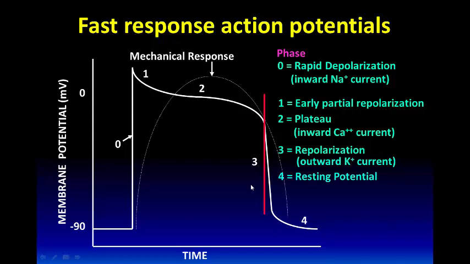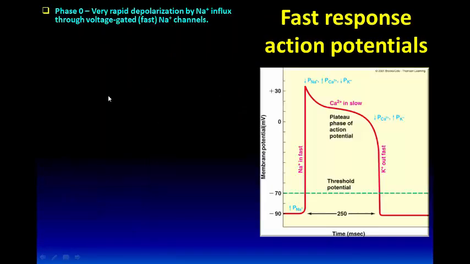So this is again a fast response action potential. This is the resting membrane potential, phase 4, and the myocyte remains resting, remains in the relaxed state, in diastole, with the membrane potential approximately negative 90 millivolts until a stimulus arrives, and this stimulus again originates from the sinoatrial node.